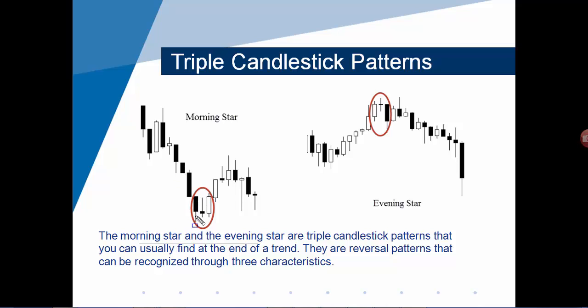A bearish candle, an indecision, and then we have a bullish candle right here. And we want to ensure that these candles are also long in terms of length, because again, that signifies pressure. Exactly. So we have bearish, indecision, decision, bullish.